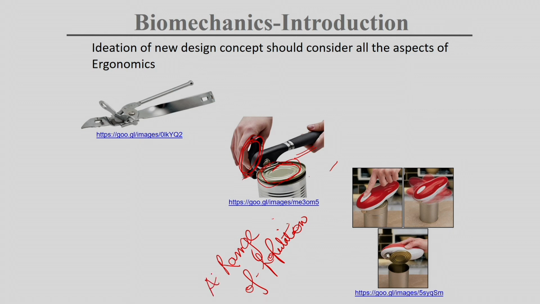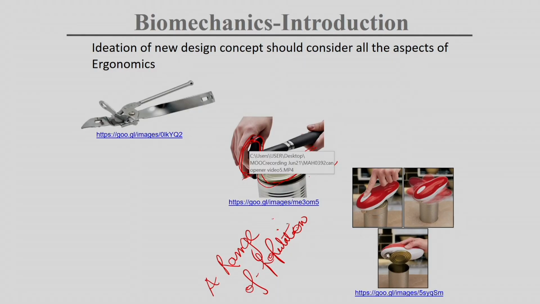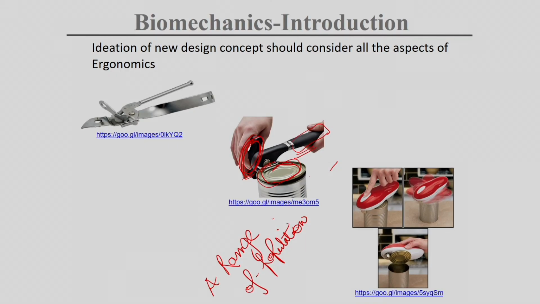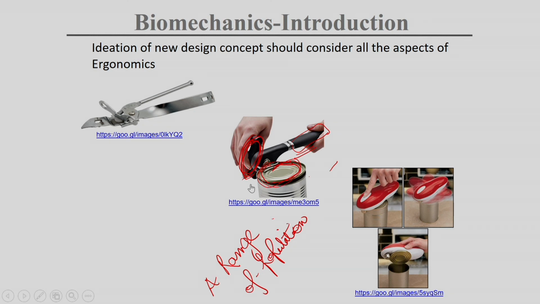then only this product will be useful for a range of population. In this case, if we think of the physical interaction, first this person is holding this thing. So obviously the dimension of this portion should be compatible with the person who is holding, and also the handle should be very compatible with the person who is holding and rotating this thing, and then you need certain force to revolve around this.